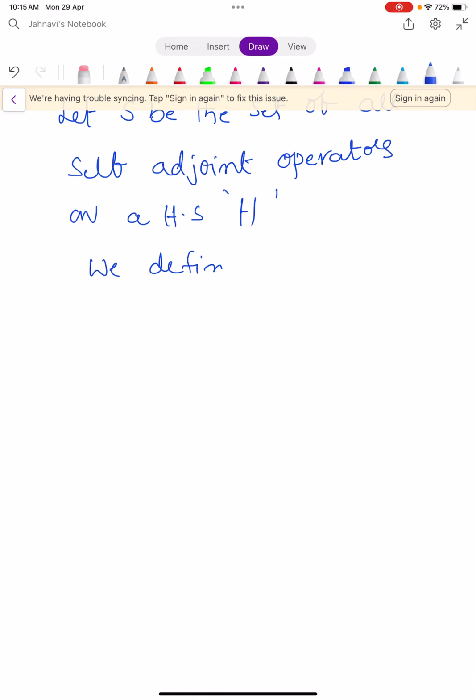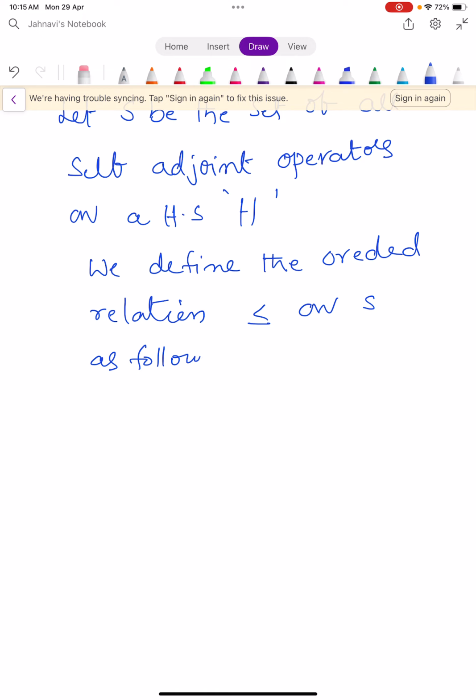Now we define the ordered relation less than or equals to on capital S as follows.